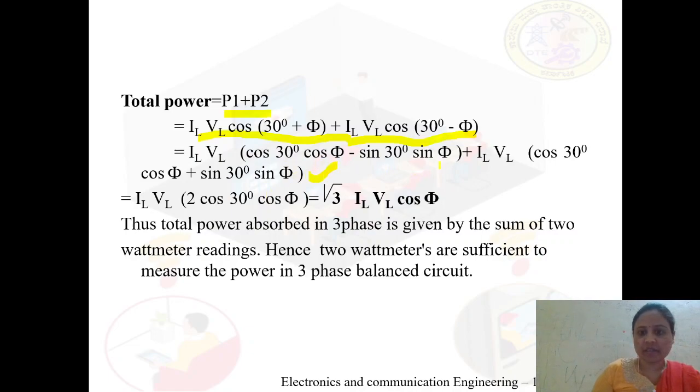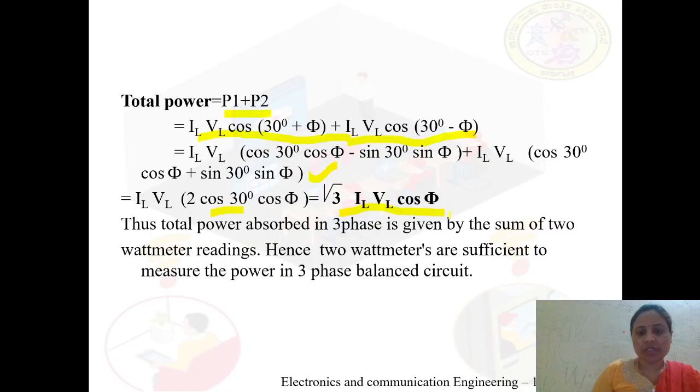Here the sin terms get eliminated from the whole expression, so only the cos terms remain, giving 2 times cos 30 into cos 5. Cos 30 can be expressed as root 3 by 2, so the 2 cancels, and the remaining term is root 3 IL VL cos 5.